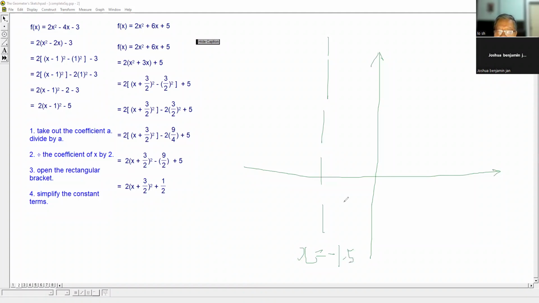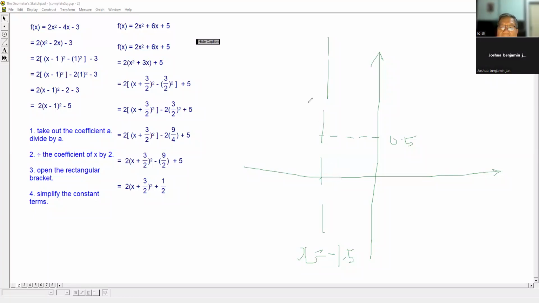Next step, what must I do? Go up. Up how much? 0.5. Very good. Okay. So this one is a U shape or N shape?